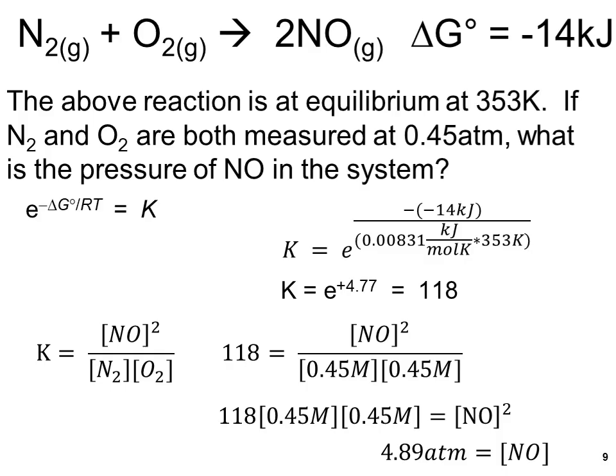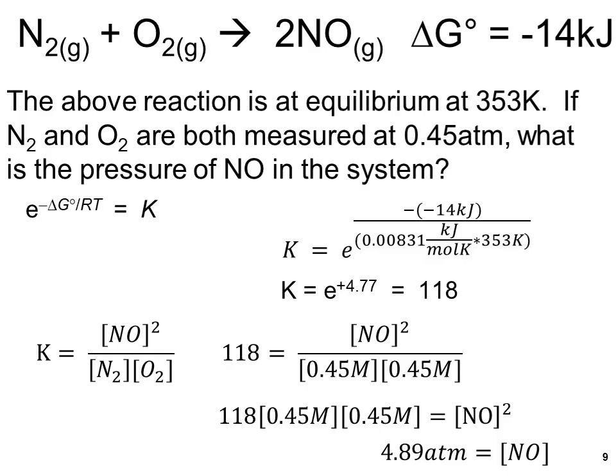Our delta G is negative 14, so negative delta G gives us positive 14 kilojoules, with the double negative. That is over 0.0083 kilojoules per mole Kelvin times our temperature of 353 Kelvin. That gives us e to the positive 4.77, or an equilibrium constant of 118.